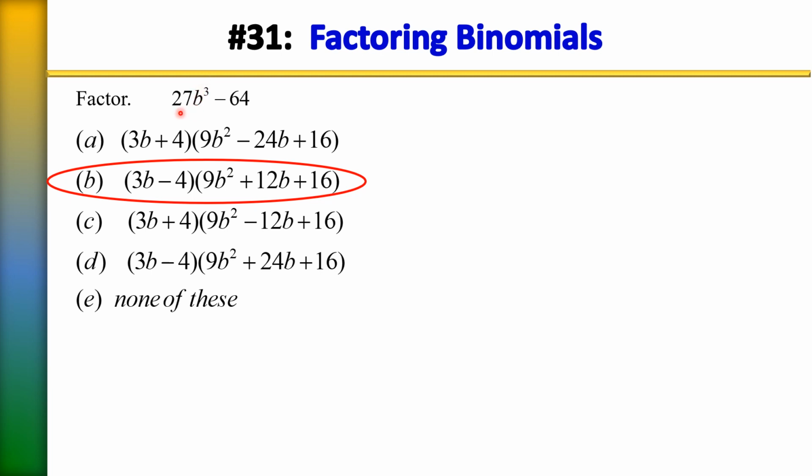So that gives me a clue that what I may have here is a difference of cubes, and to check, we can simply ask, is 27 a perfect cube? Yes, it is. Is 64 a perfect cube? Yes, it is.